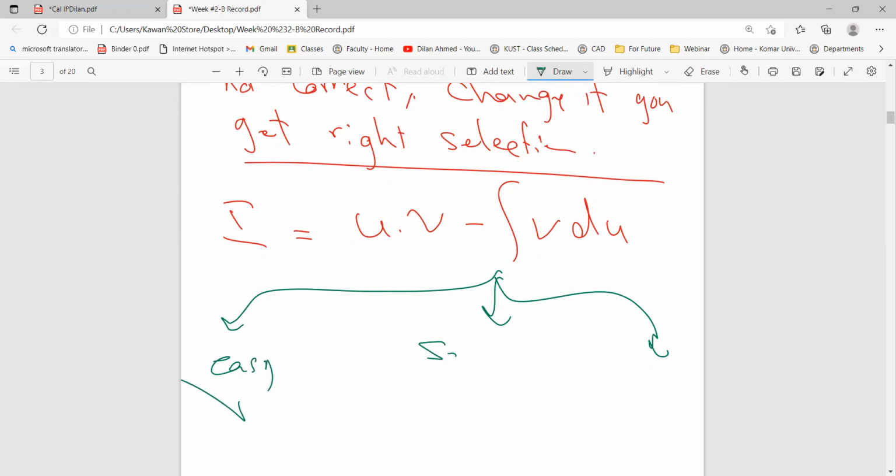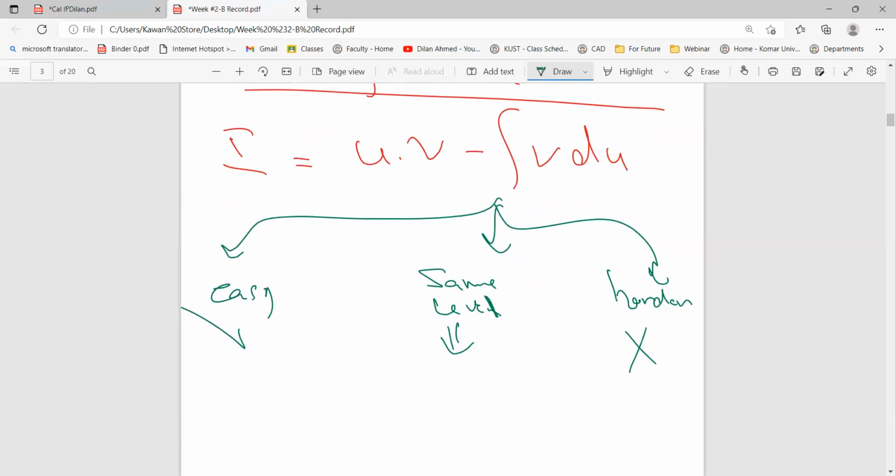If it's the same level, we have something. If it's harder, you are wrong. And when I say if it's the same level, we have something, later I'll tell you. We have reordering or I don't know, some name we have.